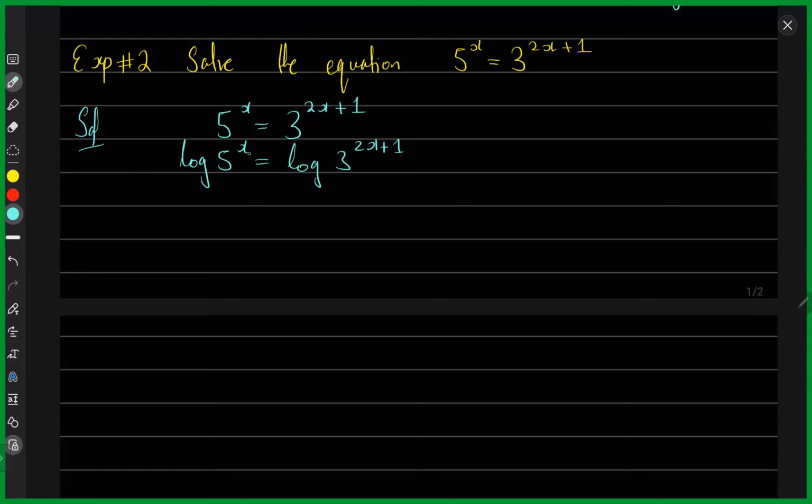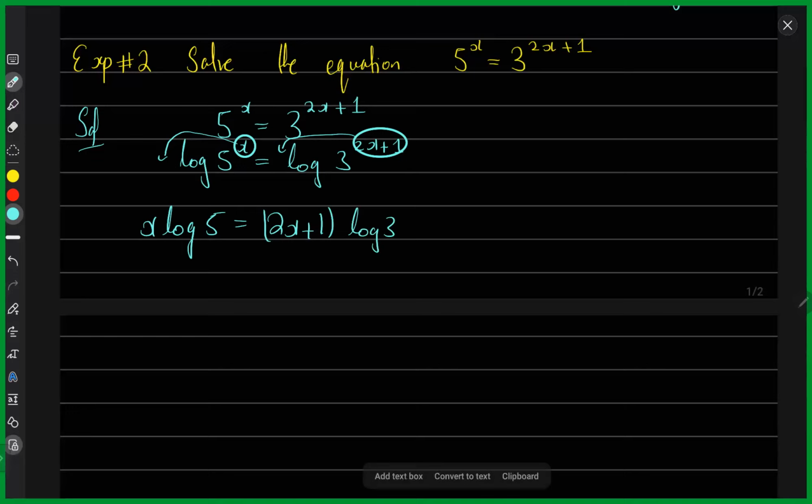Okay, then I know this is a property for logs. This x and this 2x plus 1 would come over here, and this would come over here. So I can write it as x log 5 equals 2x plus 1 into log 3. Now the next step would be, I can simply see I am almost done.